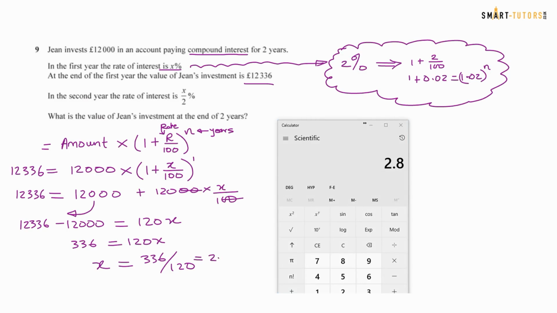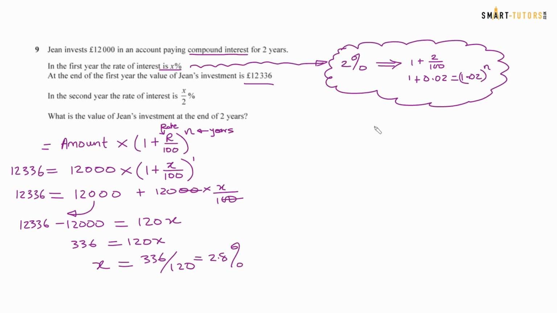Use the calculator. 336 divided by 120 is 2.8. So that is 2.8%. So the first year job is finished. From the first part we found X is 2.8%.